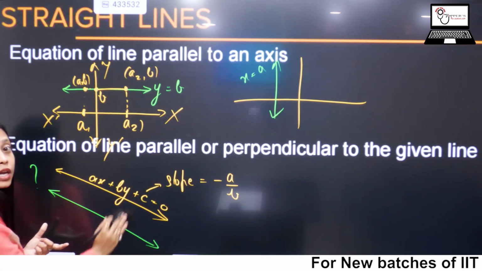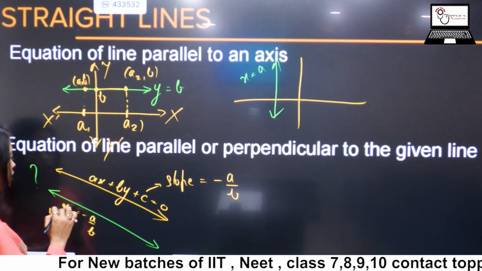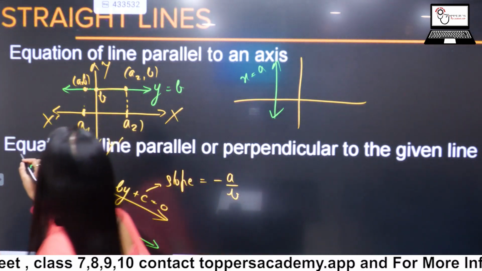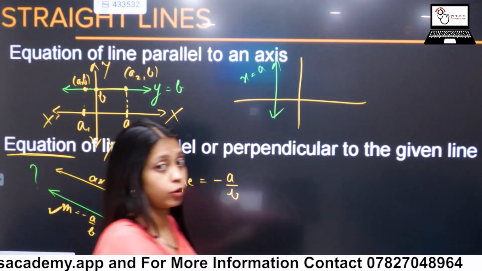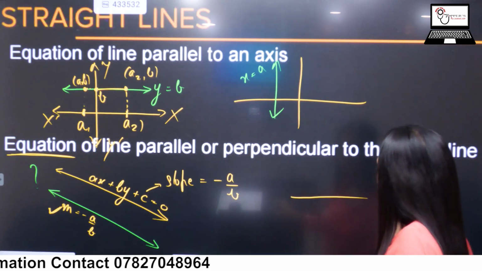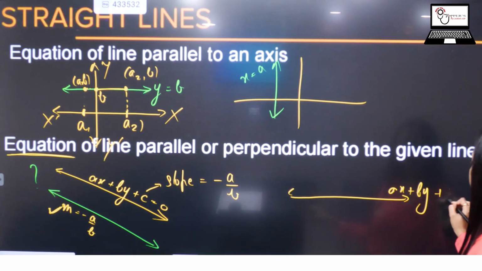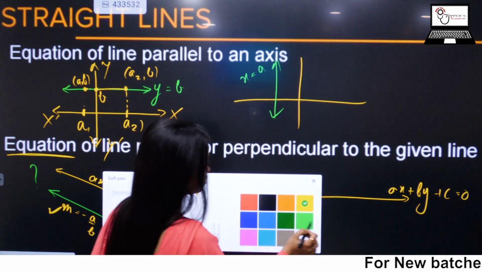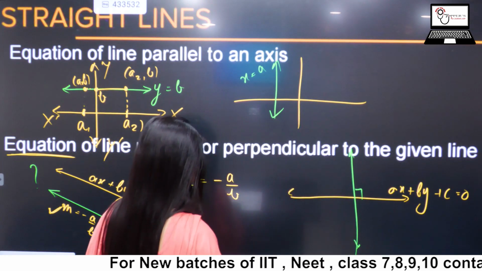The slope of two parallel lines is the same, so the slope will be the same, that is minus a by b. I just know the slope, not the equation. We'll come back and find the equation. Now, in a similar way, if I have a line ax plus by plus c equals to 0 and another line which is perpendicular, what is the slope?